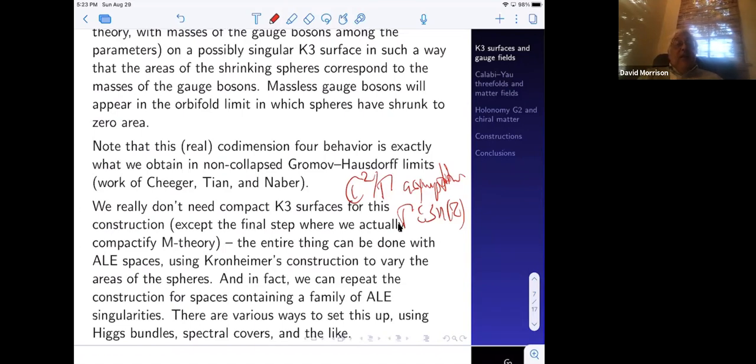And you can see the basic point of the massive gauge bosons becoming massless in a limit. Most of the construction that I described can be repeated in the Kronheimer context and discussed locally. And there are various ways of going from that local setup to a global setup using things like Higgs bundles and spectral covers, which I won't try to describe in this talk.